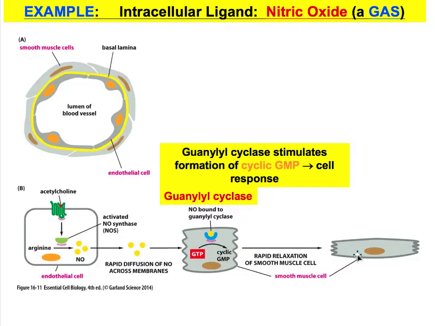So if muscle cells are relaxed in the presence of nitric oxide, then these muscles will relax and the blood pressure will cause the lumen of this blood vessel to increase in diameter. This happens all over your body to control the flow of blood into local tissues.